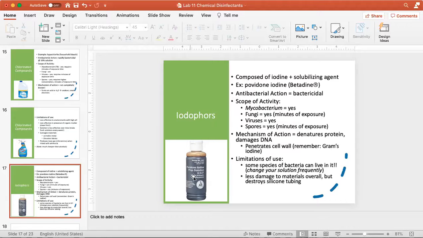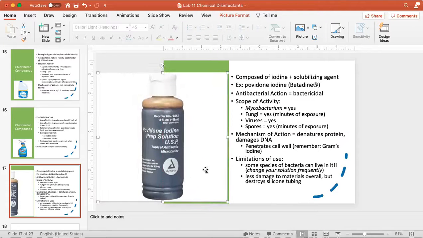All right. So Betadine, for example, which is a really common brand name for iodophores. You may have seen it if you've ever worked in a hospital or a doctor's office or a long-term care facility. We often use Betadine or products like it as antiseptics.